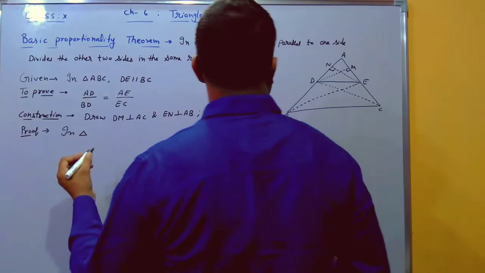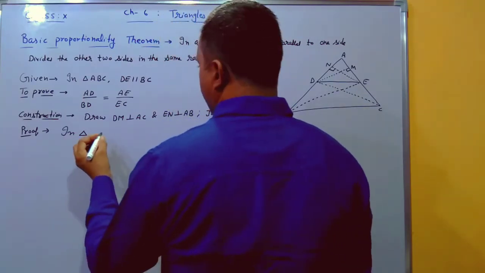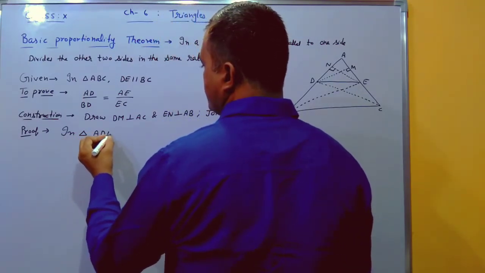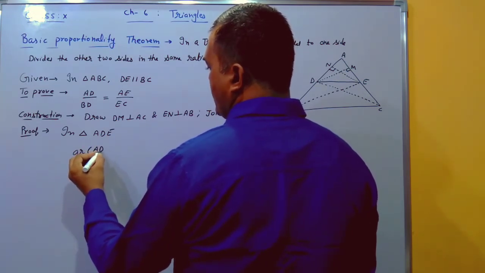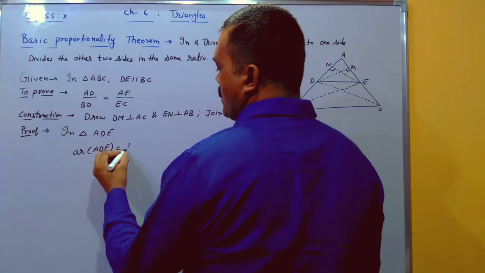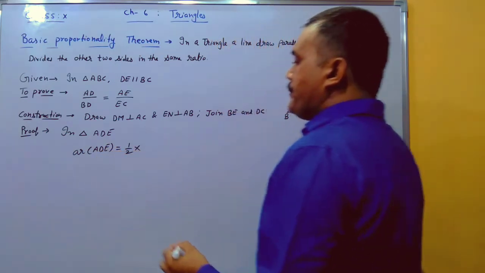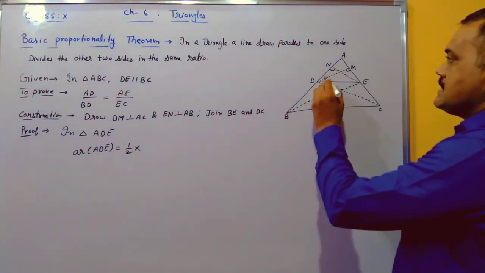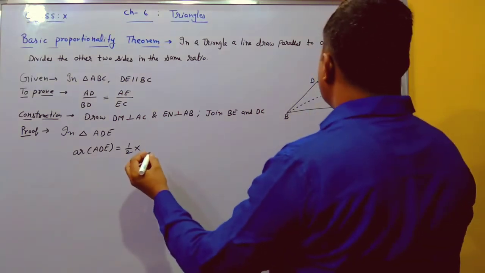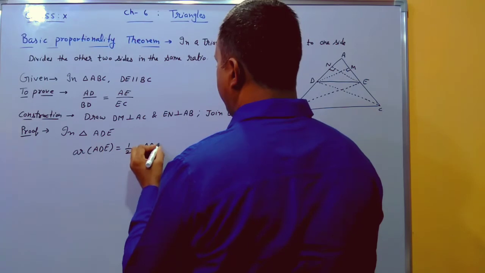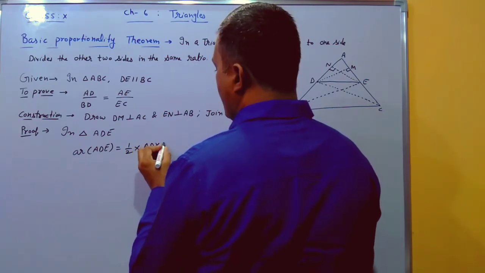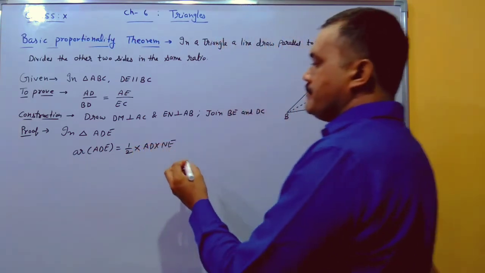So in triangle ADE, area of ADE is equal to half into base into height. Base is this AD and height is NE, which is perpendicular.